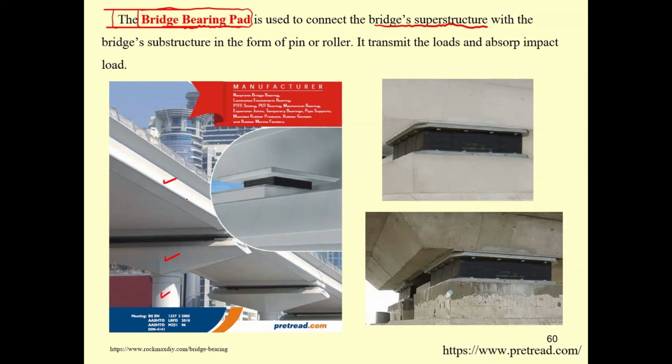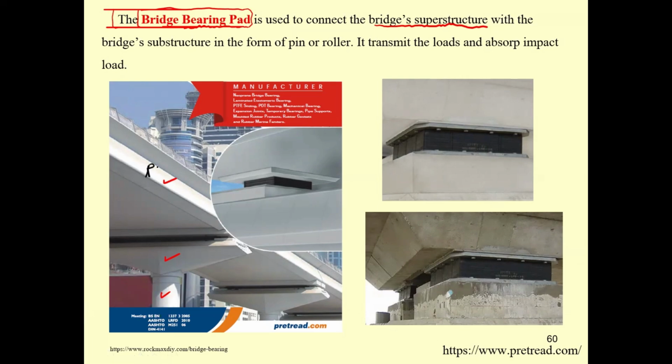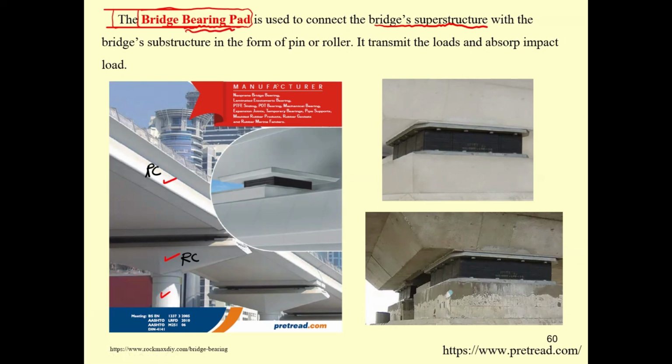We put the superstructure on the substructure, and since they are made of concrete, and this one is also made of concrete, we have to put the bearing pad between them in order to transfer the load properly and also absorb the impact load. When the vehicle passes the bridge, there is impact. Okay, this one is very important.